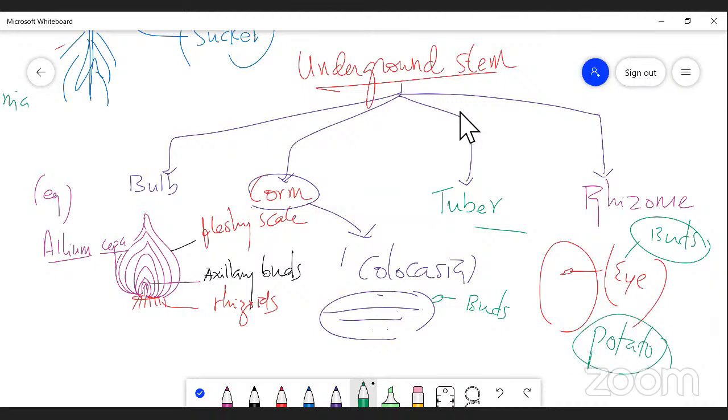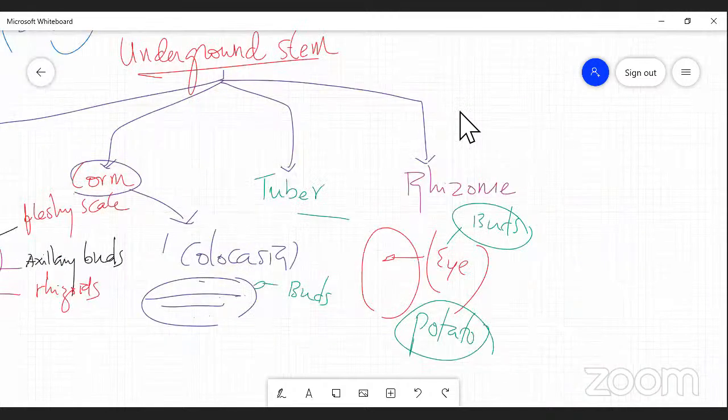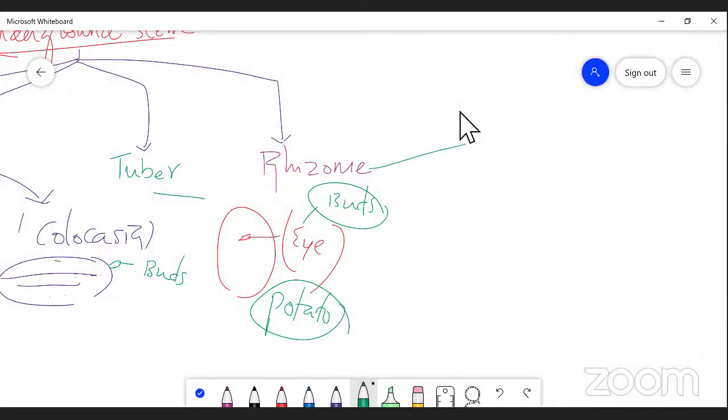These buds develop into a new organism. The next category is rhizome. Actually, a rhizome is an underground modified stem. Some examples for rhizome: ginger and Curcuma longa.